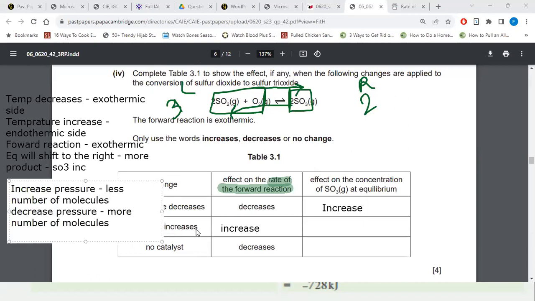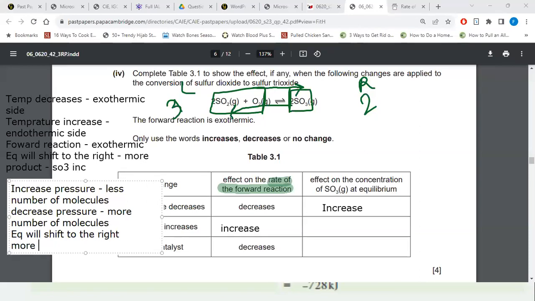So over here, they're increasing the pressure. So when pressure increases, we go to the side with less number of molecules. So the right side. Yes. So equilibrium will shift to the right. And whenever the equilibrium goes to the right, what happens to the product? The product increases.